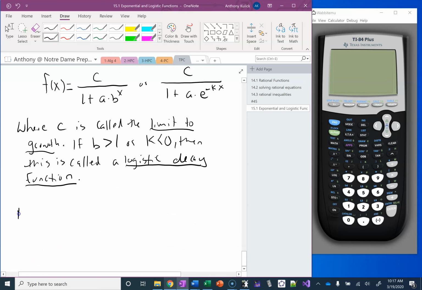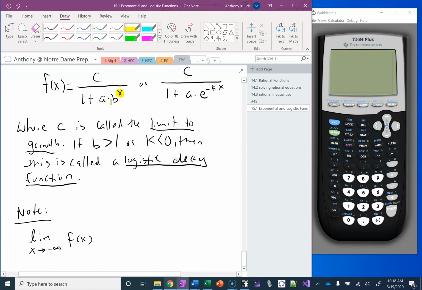So let's talk about end behaviors now for this. So logistics actually have two different end behaviors. If I talk about the limit as x approaches negative infinity, so I'm plugging a very small number in for x, like negative 1 million, what that's going to make is the fraction a over b to the 1 million.